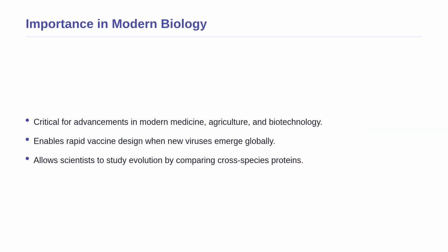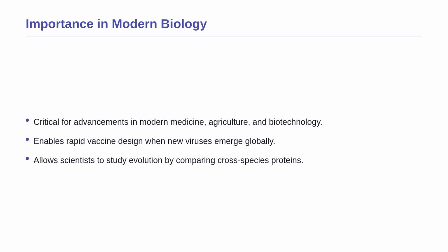Beyond just storing data, this flow of information is absolutely critical for modern medicine, agriculture, and biotechnology. When a new virus emerges, such as the one that caused the recent global pandemic, scientists immediately sequence its proteins and search for them in these databases.